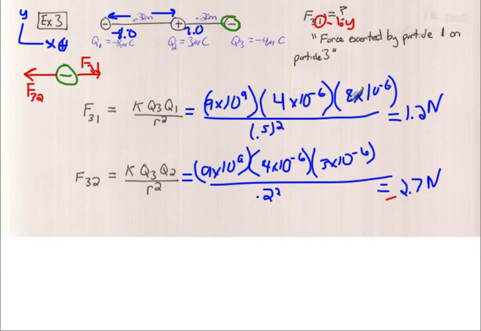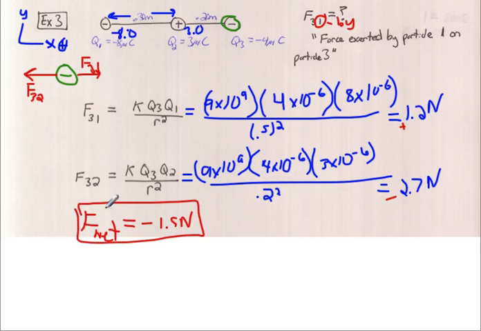And this guy was going this way, so that's going to be positive. So in other words, let's say F net, the net effect of those two charges on charge 3, is to make it go negative 1.5 newtons to the left, right? So essentially it's going to be pulled left if we were to let the situation progress in time.